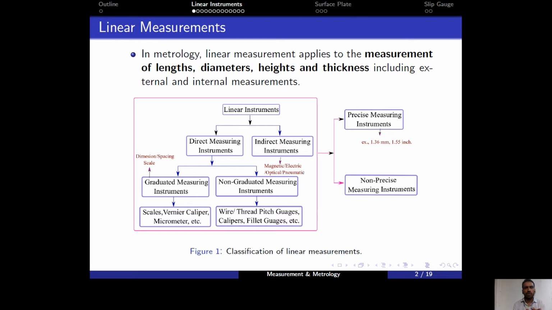But if I wanted to measure up to the second decimal place or third decimal place, that means I wanted to measure very finely or precisely. The instrument which is required to measure very precisely is known as a precise measuring instrument, and the other one is a non-precise measuring instrument.